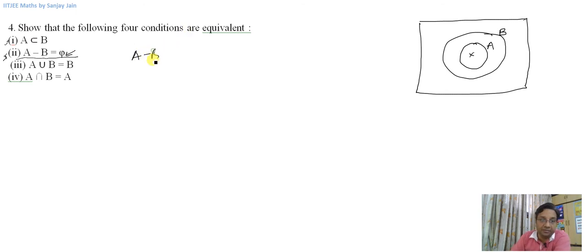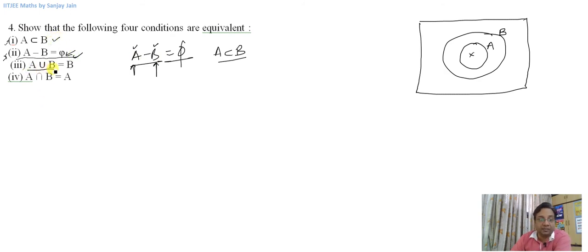A minus B means elements of A that are not there in B. So if it is phi, it means that there is no element in A that is not there in B. So it means A has to be a subset of B. So it is an equivalent statement of this statement, right?